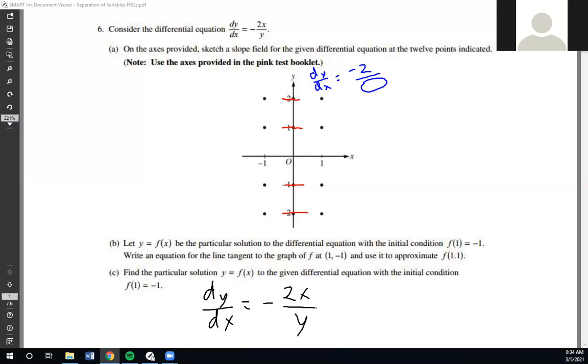So negative 2 over our y-coordinate, and then we'll put in our different y-coordinates. Going down the line, this is going to be negative 2 over 2, which is negative 1. This is negative 2 over 1, which is negative 2. This is negative 2 over negative 1, which is going to be a positive 2. This is going to be negative 2 over negative 2, which is a positive 1.